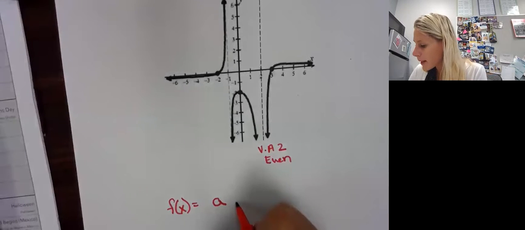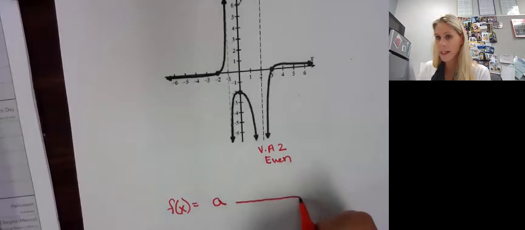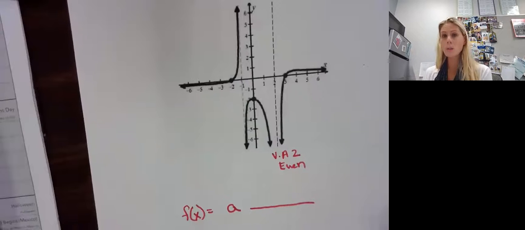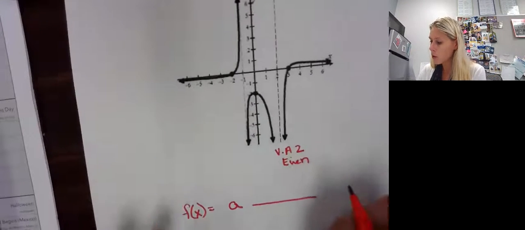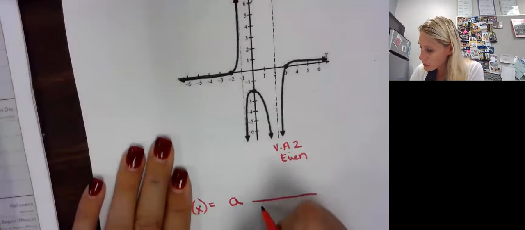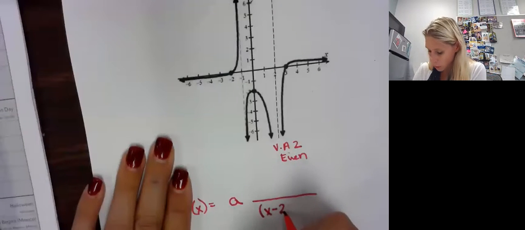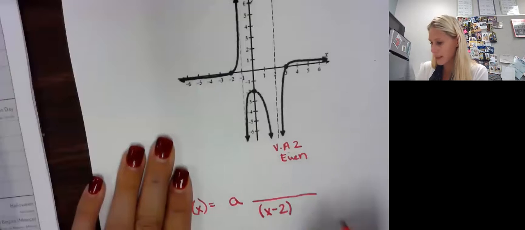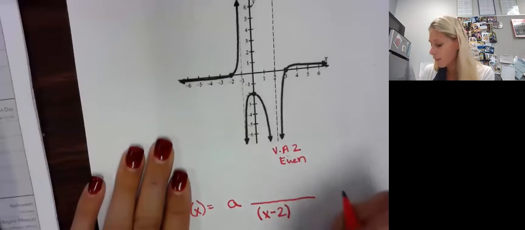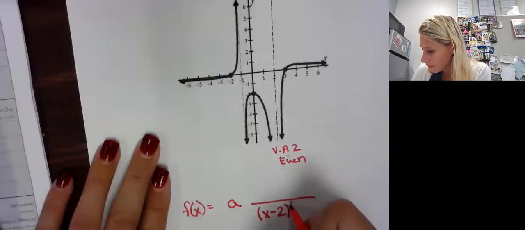And then I have my numerator denominator. Vertical asymptotes come from the denominator. So if I want a vertical asymptote at 2, it's going to be x minus 2. Remember, it's opposite. And since it's an even, it must be an even exponent.